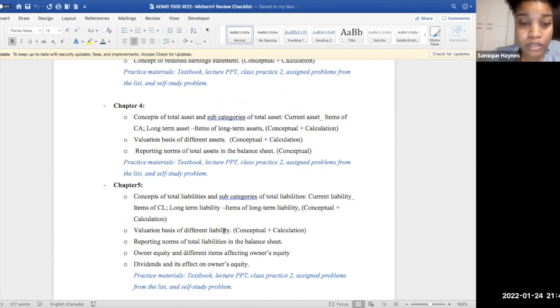Chapter 4, it breaks down what we need to know for this chapter as well. So chapter 4 was when we really zoomed into our balance sheet. So how to create a balance sheet, the different parts of the balance sheet. So as you know, it's not going to be a long answer type of exam.